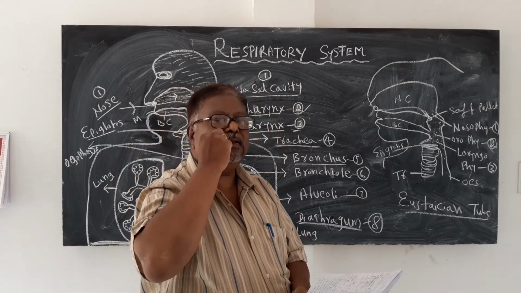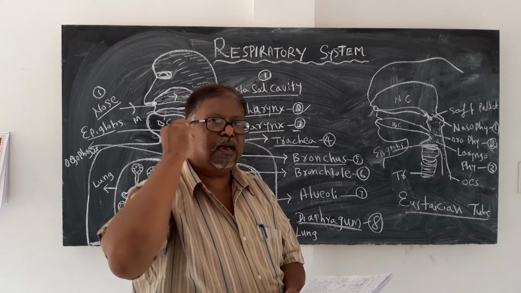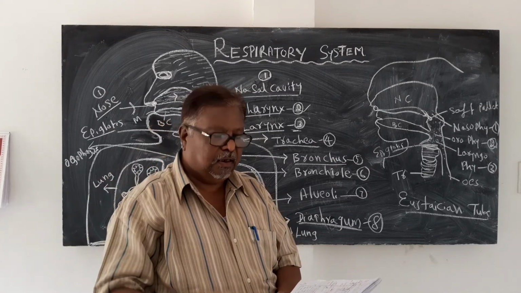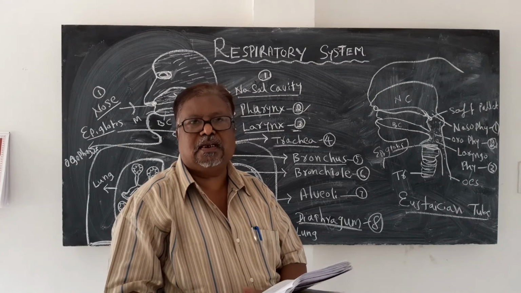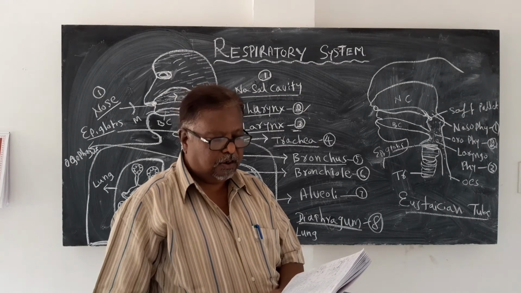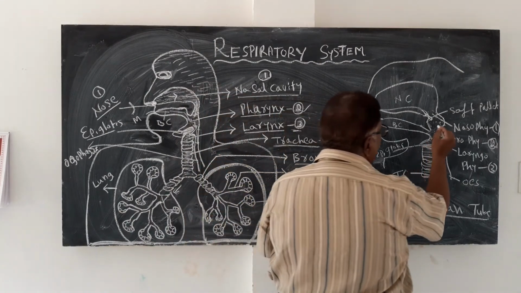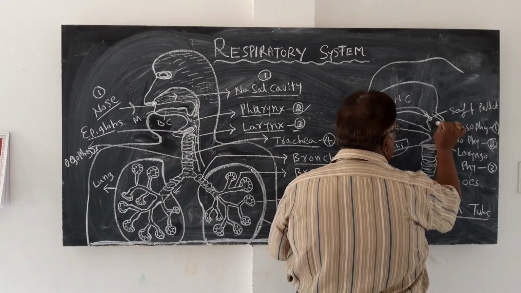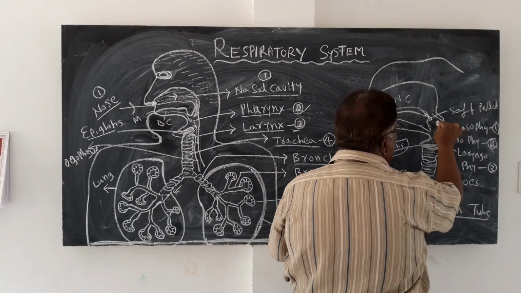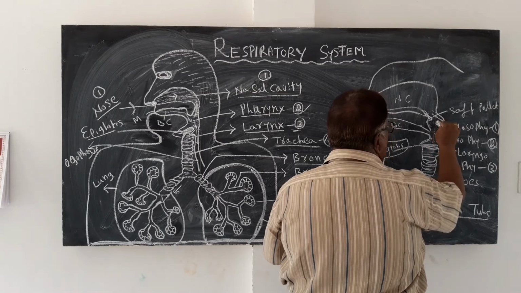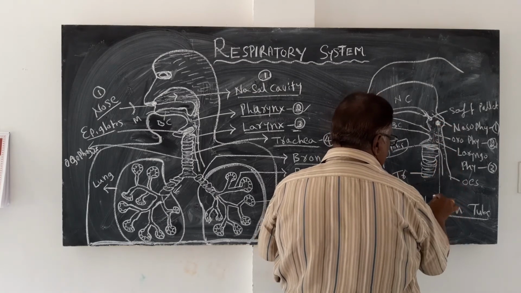So this pharynx region is connected to the middle ear through this eustachian channel, and this is the opening of the eustachian channel.